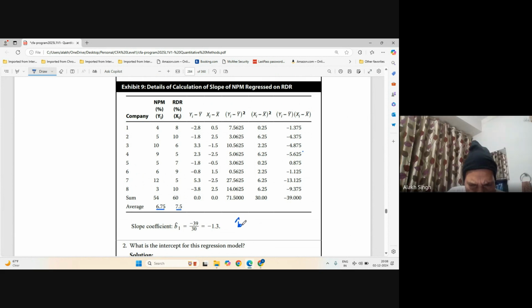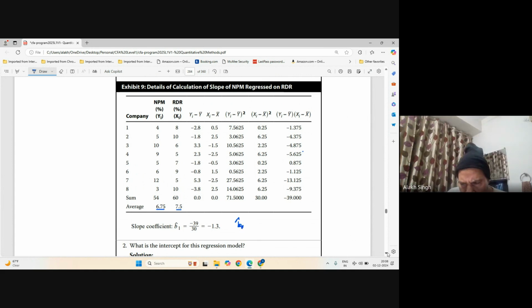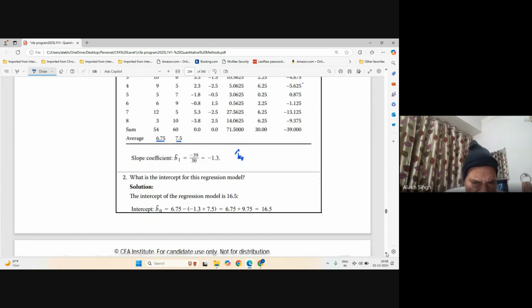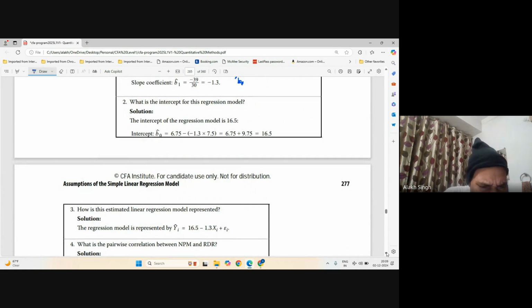You have to calculate beta 0, which means Y bar minus beta 1 hat times X bar. So the intercept term came out to be 16.5. The estimated linear regression is 16.5 minus 1.3 xi plus epsilon i.